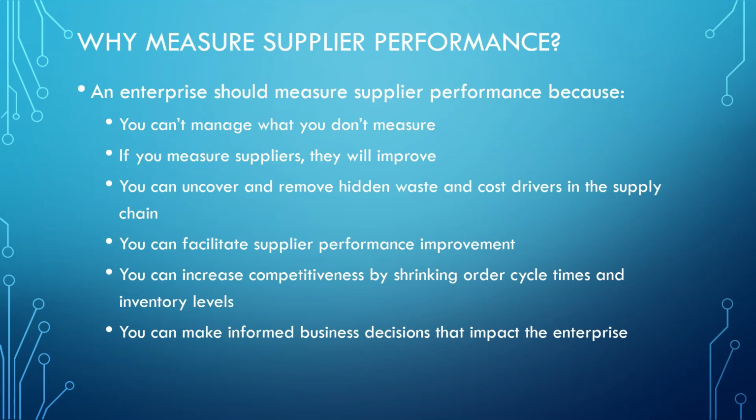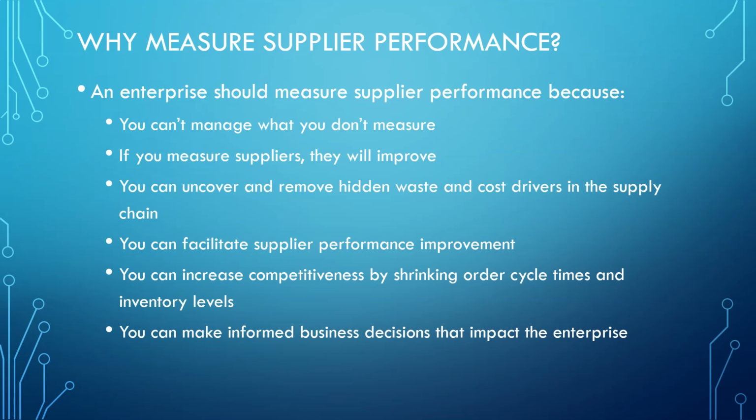You can increase competitiveness by shrinking order cycle times and inventory levels. Once you have this partnership with the supplier and you work with rhythm, you can reduce the speed of ordering and receiving, which will increase the competitiveness with other companies.